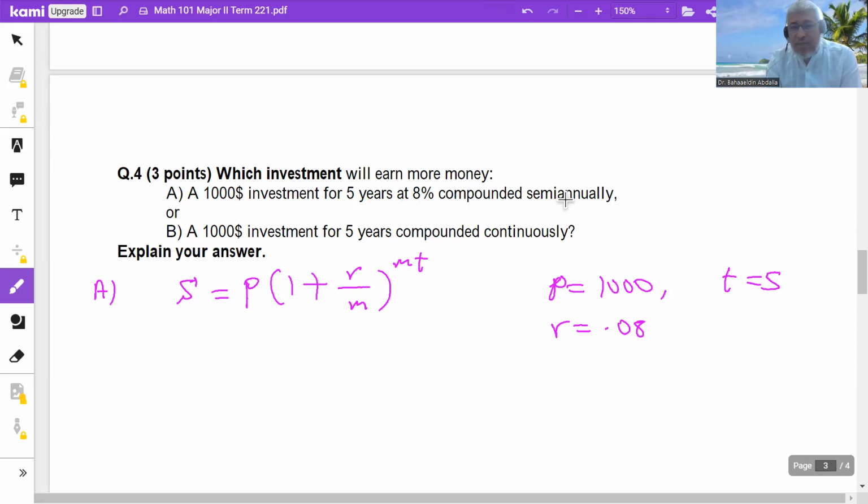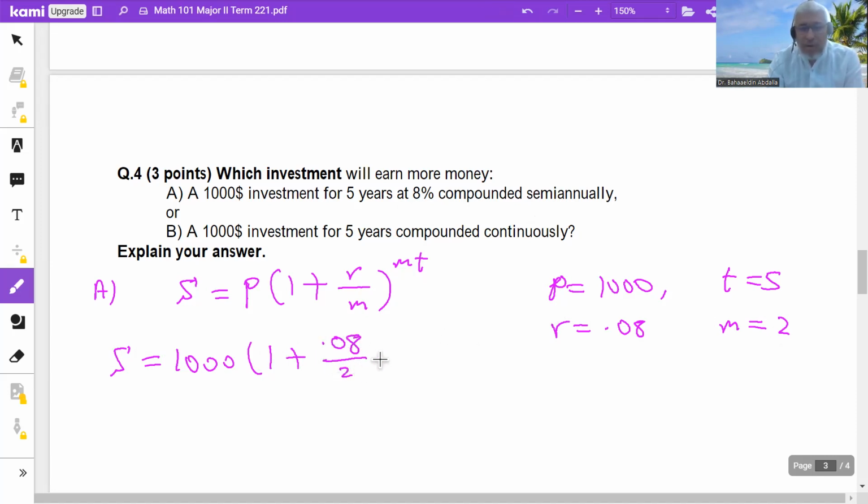And compounded semi-annually means twice a year, so M is 2. So S would be equal to 1,000 times 1 plus 0.08 over 2, to the power 2 times 5, and you can just put this in the calculator and write the answer.